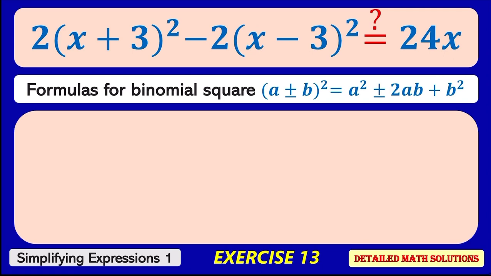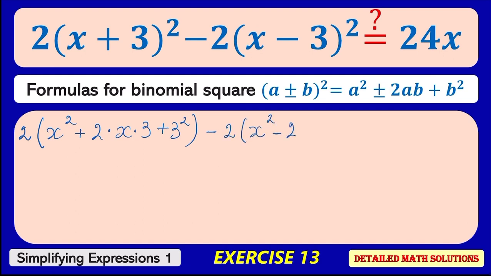When I apply the formula, this equals 2x² + 2 times x times 3 + 3², closing parenthesis, minus 2x² − 2 times x times 3 + 3². And I need to see if this equals 24x.